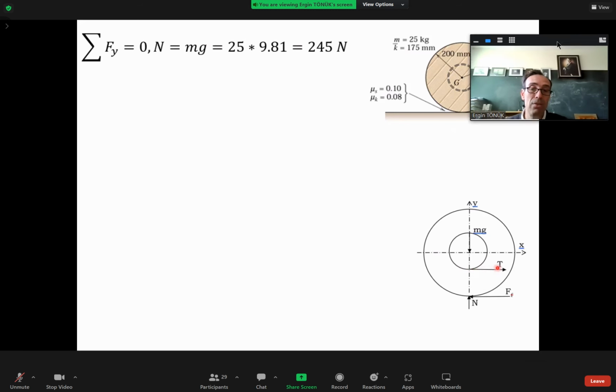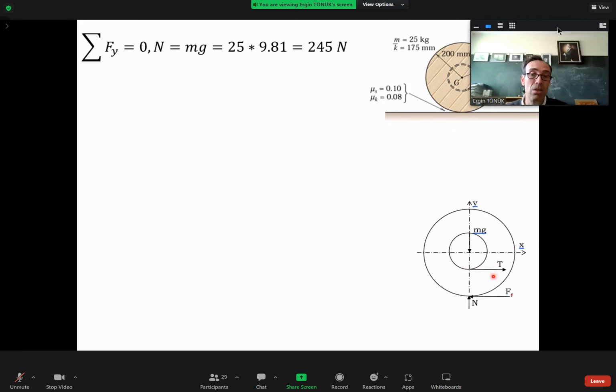So what I have is my T, which is 30 newtons. I have the weight mg acting at the mass center. This is my friction force. Now, how do I determine its direction? And this is actually N, the reaction force.